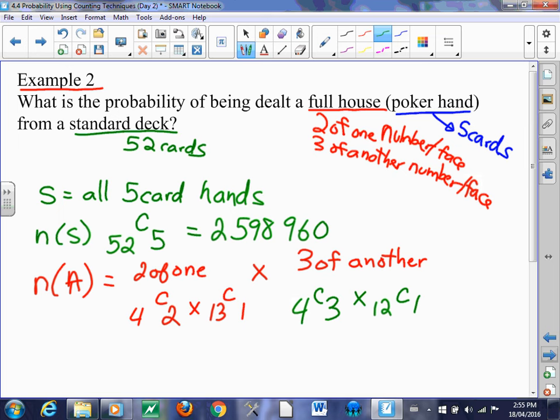So that's why it's 12 instead of 13, because it needs to be another face value or card value. And just backing up, this 13 here tells you that there's 13 different possible doubles you could have.